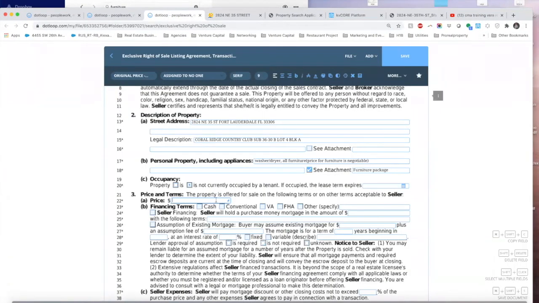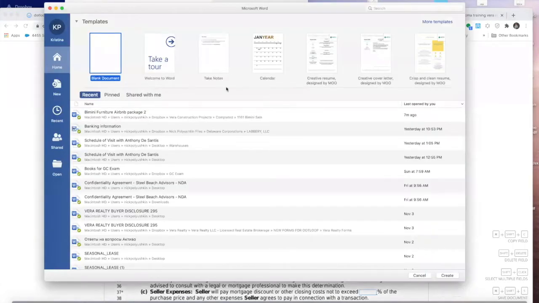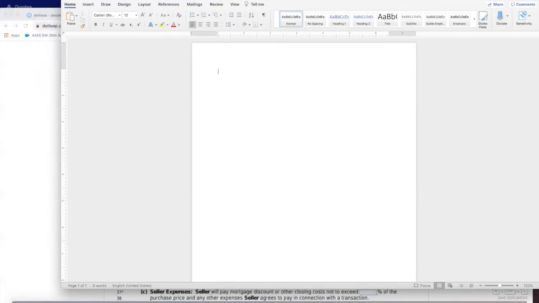So the owner will tell you there was a new kitchen, new floors, a new driveway, a new patio, so a lot of updates. For that, you also can create a separate list of upgrades for this particular property.